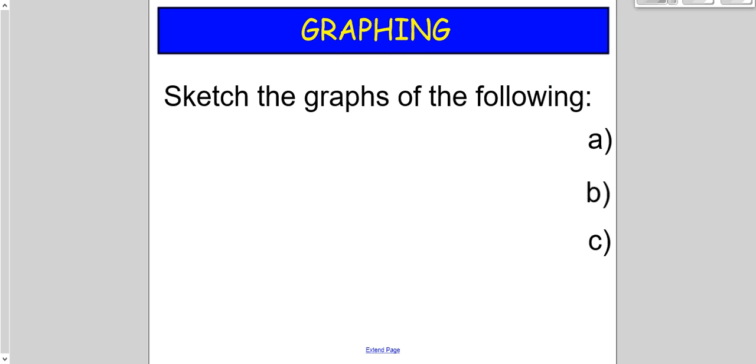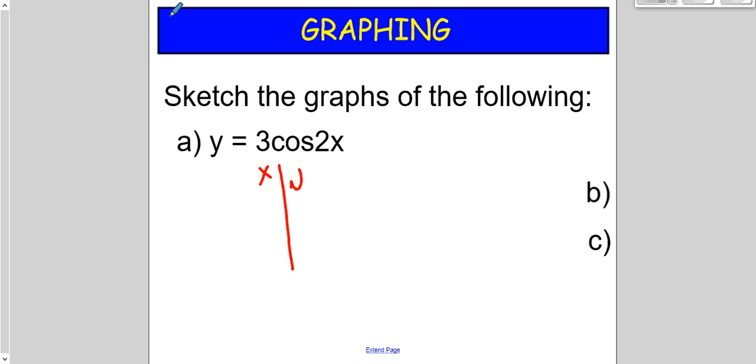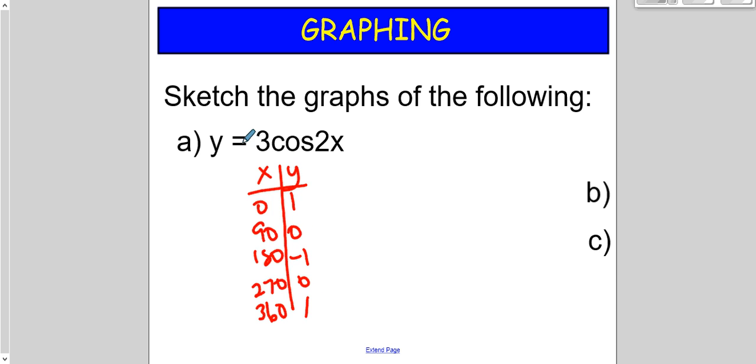Okay, so let's start sketching some graphs. Let's start with y equals 3 cos x. I'm going to begin, of course, with my base function for cos. So 0, 90, 180, 270, 360, and then cos starts high: 1, 0, -1, 0, and 1.